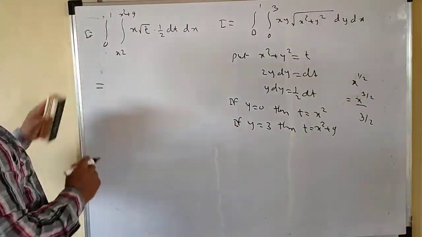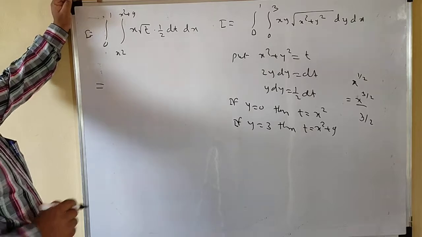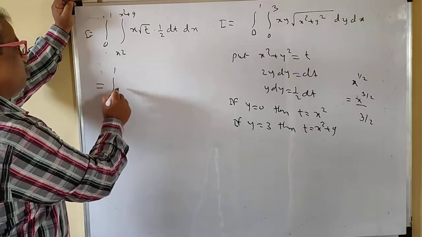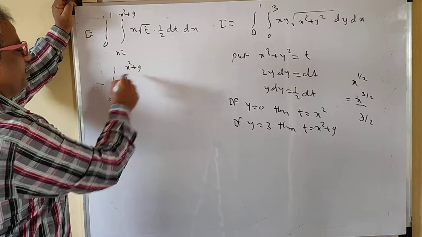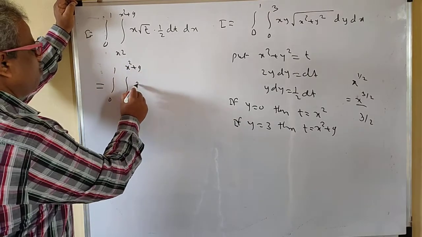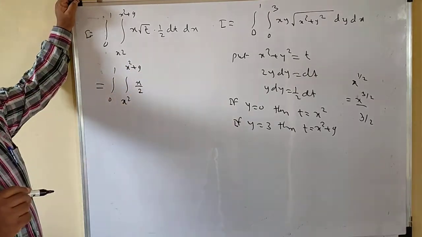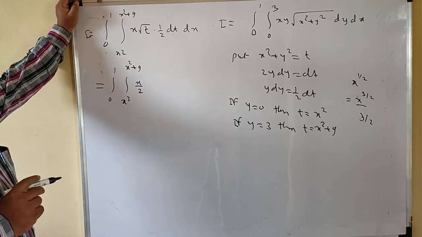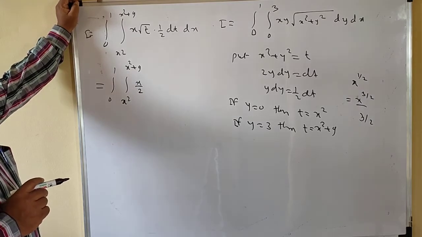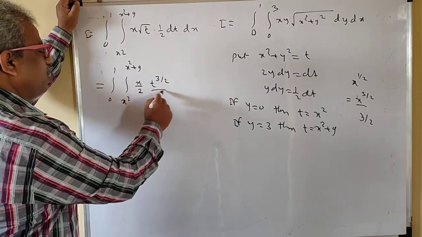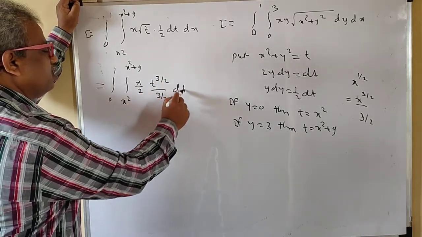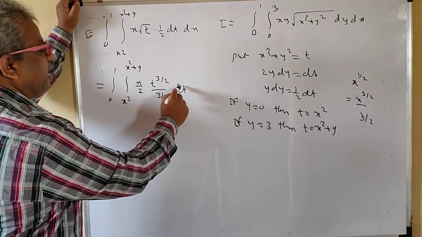So this is equal to integral 0 to 1. Then this is x square to x square plus 9. X by 2 will be as it is. Now root t is t to the power 3 by 2 upon 3 by 2, dx now here.